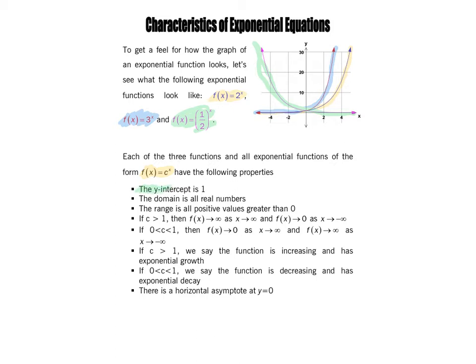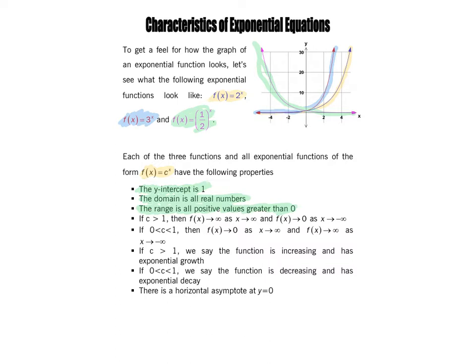The y-intercept is 1, okay? The domain is all real numbers. Word problems or contextual situations would be different, but for the functions themselves, x can be anything. x is an element of all real numbers. The range is all positive values greater than 0, so they can't be 0.